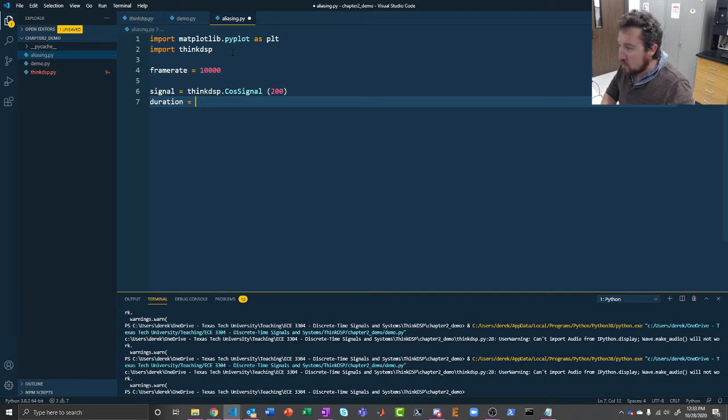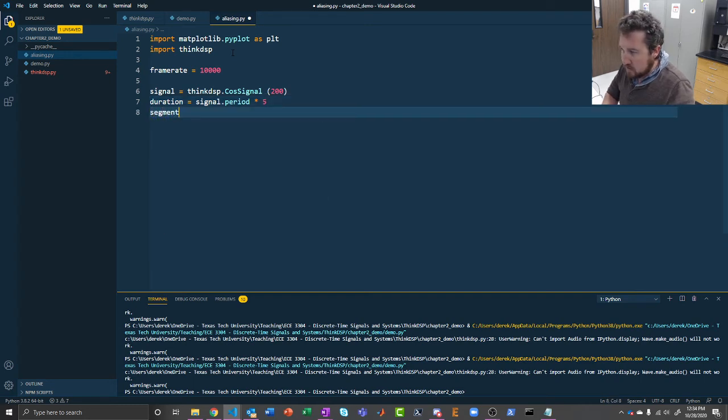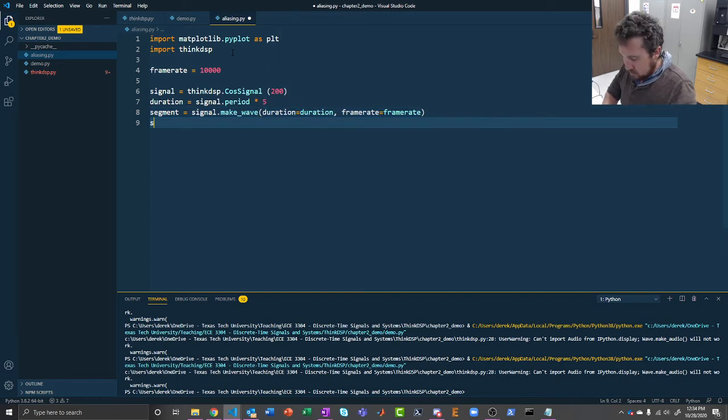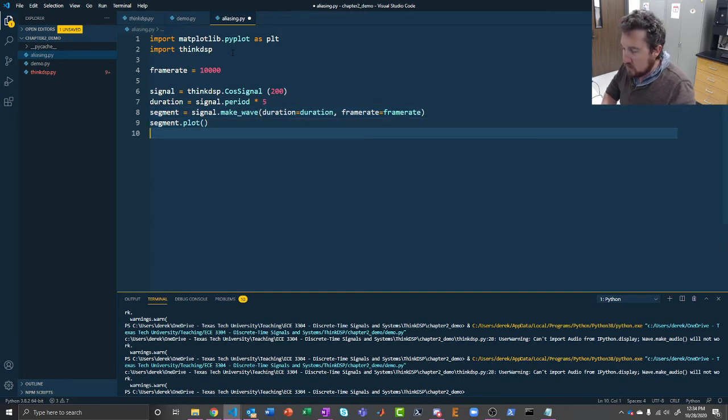Duration equals the signal dot period times 5, so we only want to see a specific part, because we only want to look at the segment. Segment equals signal dot make_wave, duration equals duration, and frame rate equals frame rate. Segment dot plot, and plt dot show.